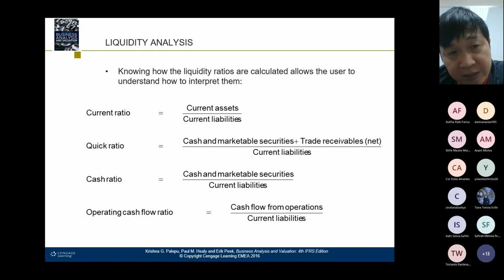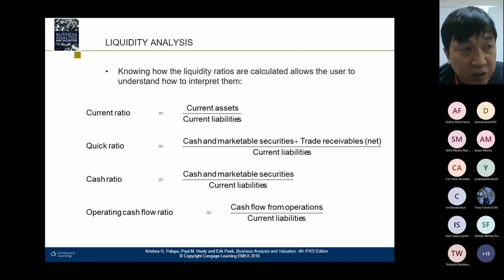So the definition of the ratios: we have the current assets over the current liabilities, which is the current ratio. For the quick ratio, we do not include all the current assets.